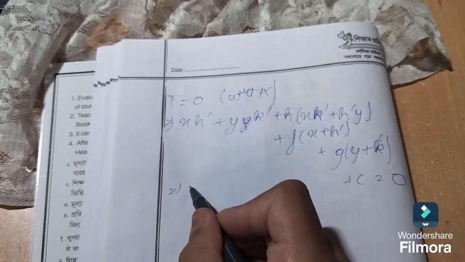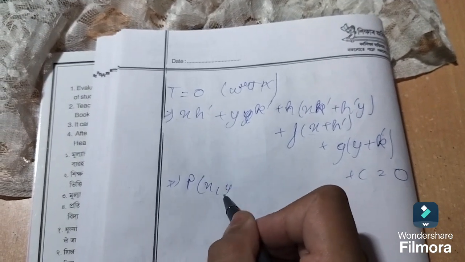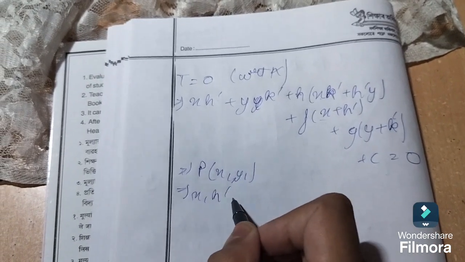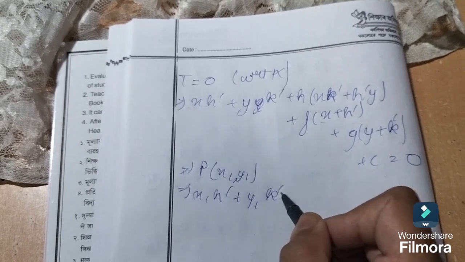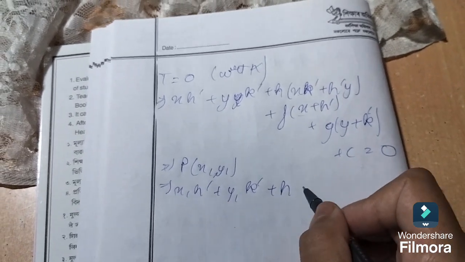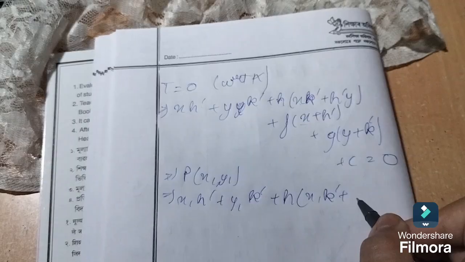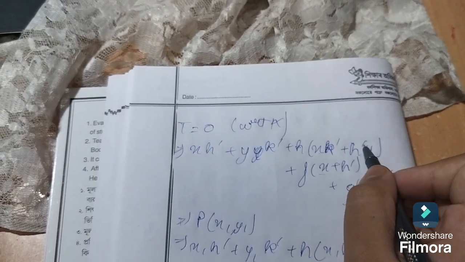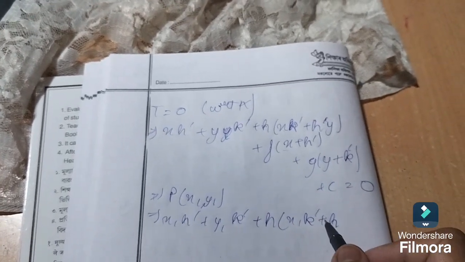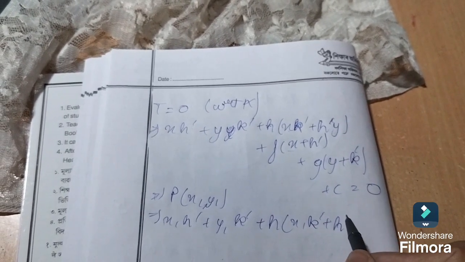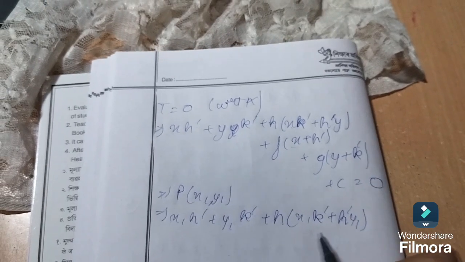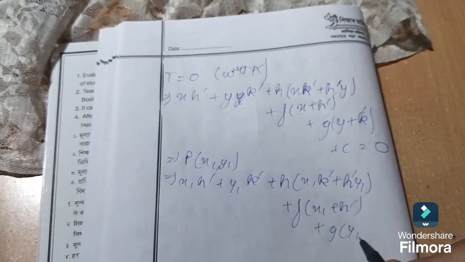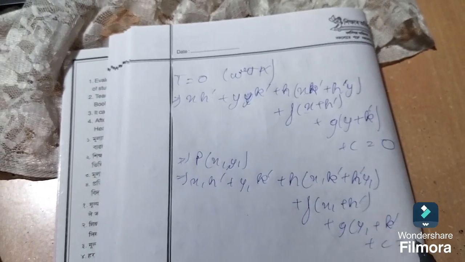So P, which is x1 y1, also satisfies this. So if that satisfies this, then x1 h dash plus y1 k dash plus h x1 k dash plus h dash y1 plus f times x1 plus h dash plus g times y1 plus k dash plus c is equal to 0.